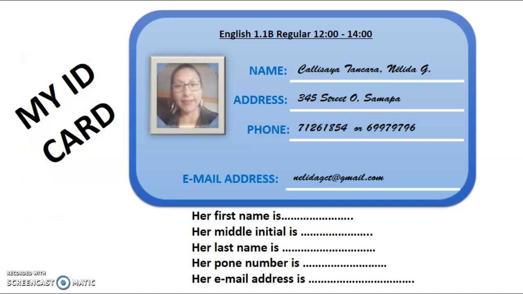Now continue. My ID card. You remember my ID card. Repeat. My ID card. This is the teacher's ID card.